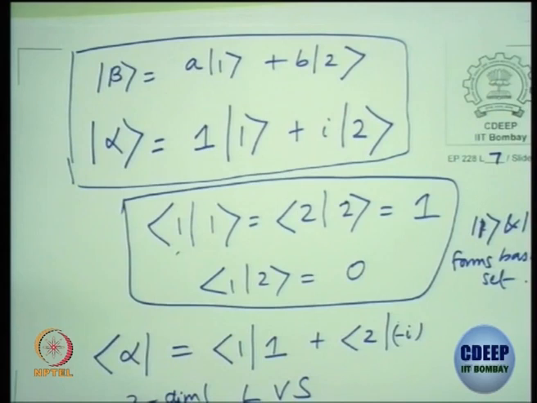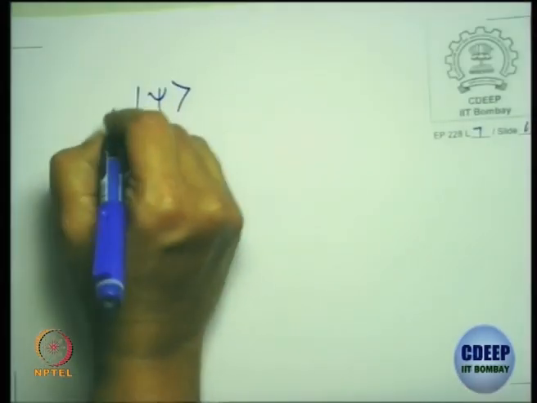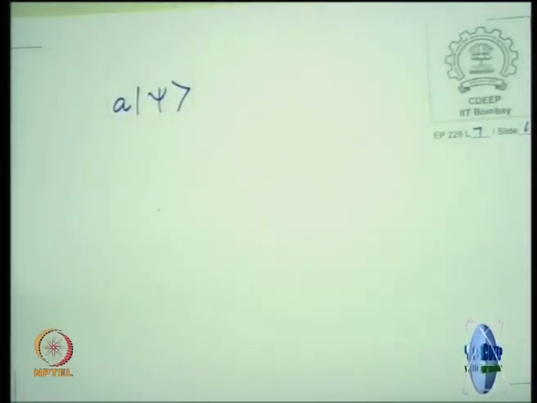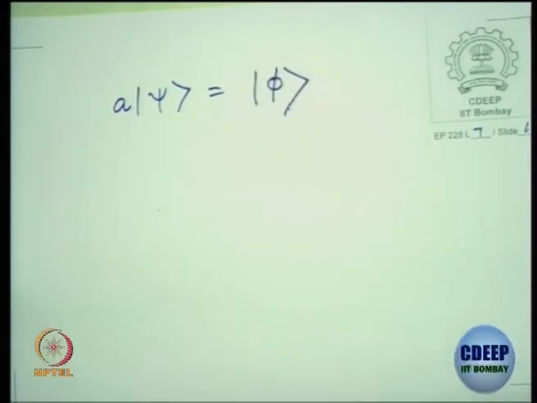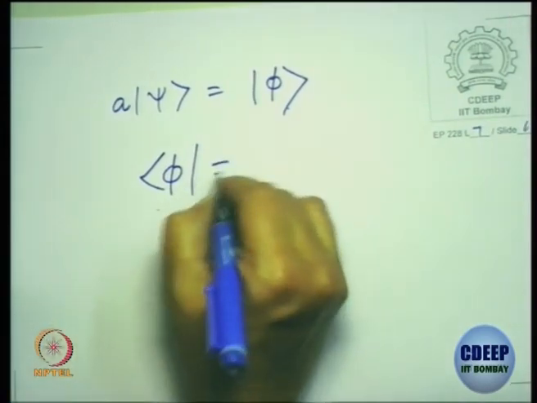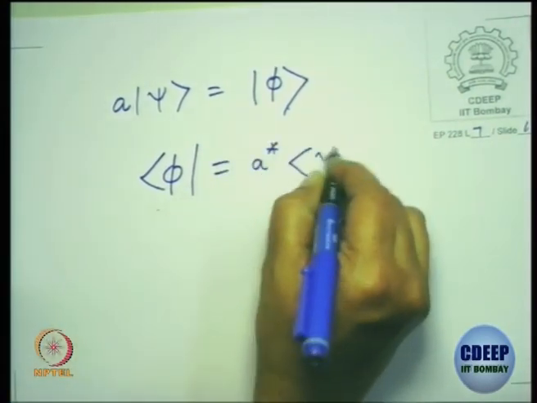This is clear from this example that whenever you have to write the dual vector for any ket, you need to make sure that any scalar multiplying a ket is handled properly. If you have a vector psi and I multiply a scalar a and call this vector phi, what is the dual? It will be a star times the bra psi.